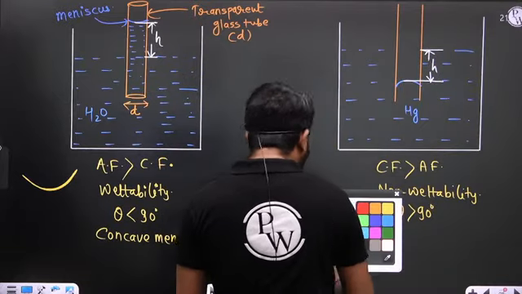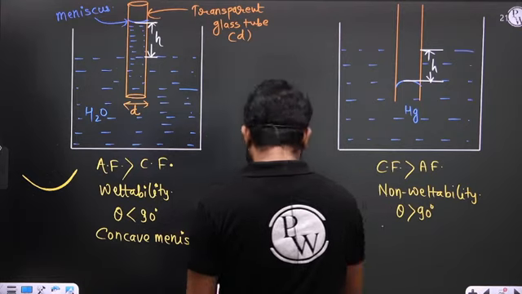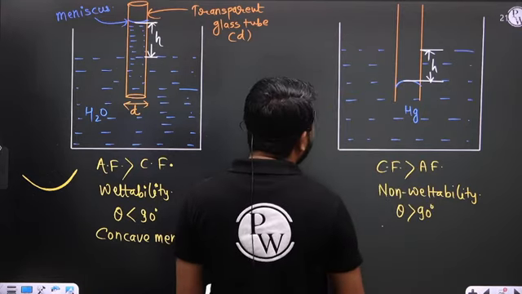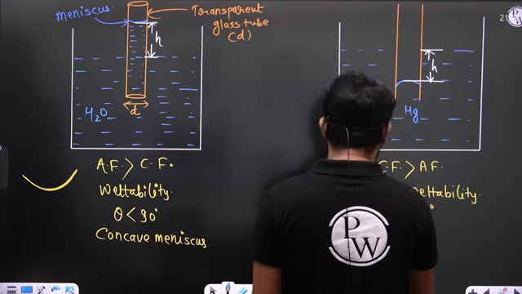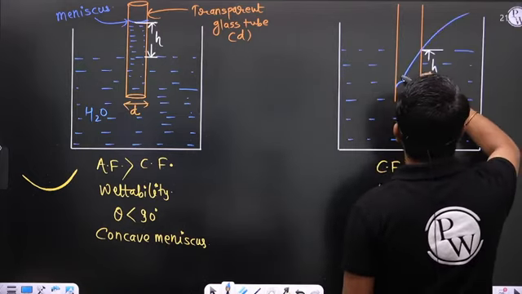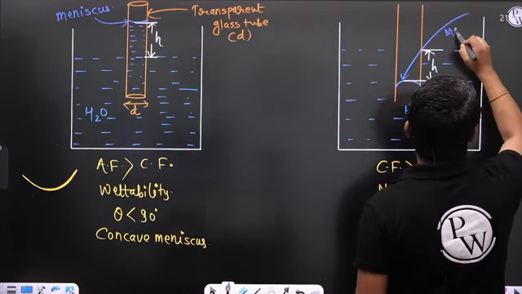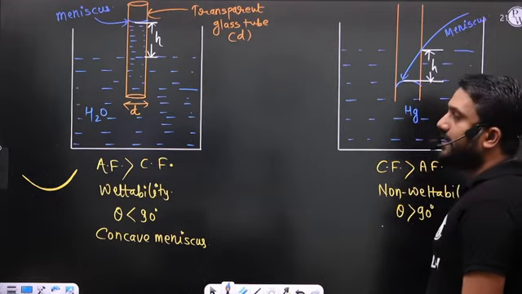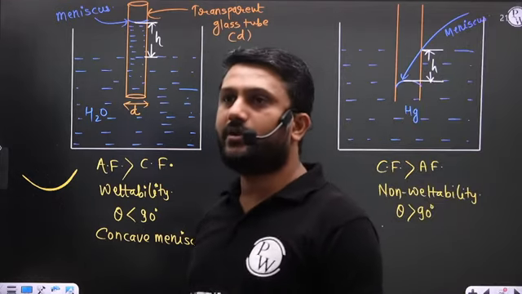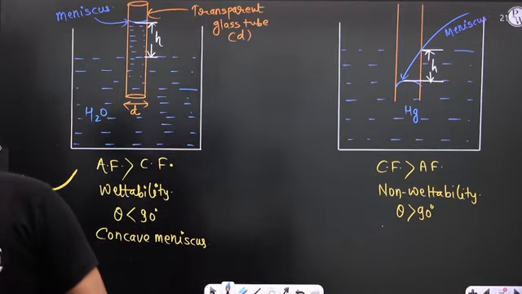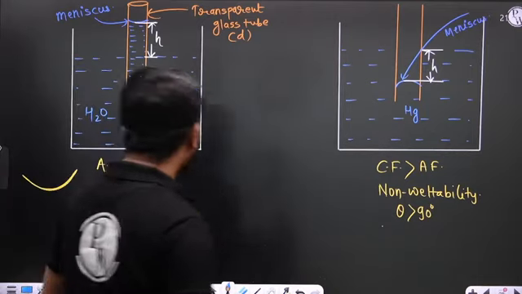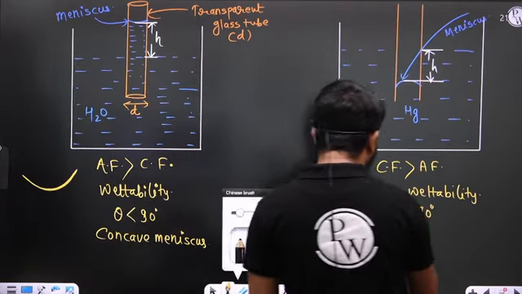And if you see the meniscus, what is the shape of the meniscus, concave or convex? Obviously that meniscus is convex.